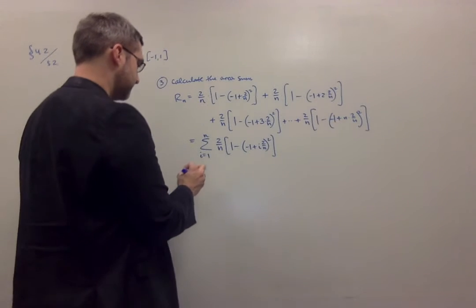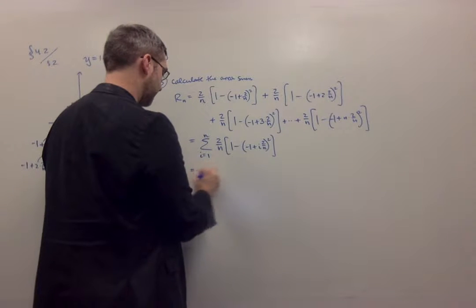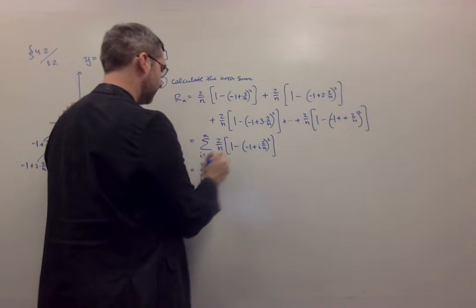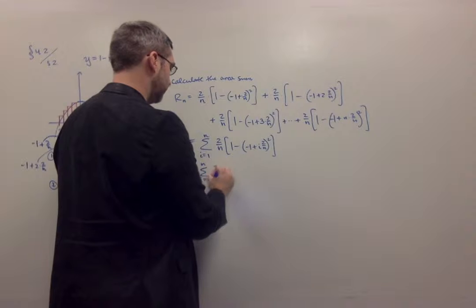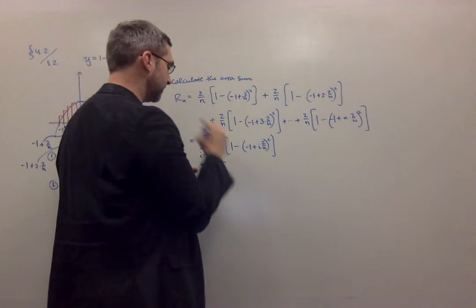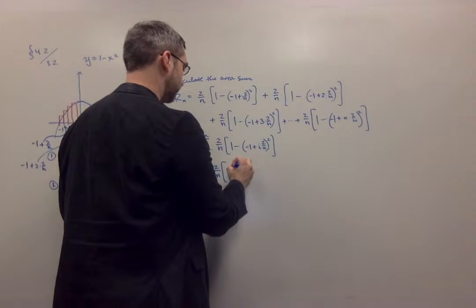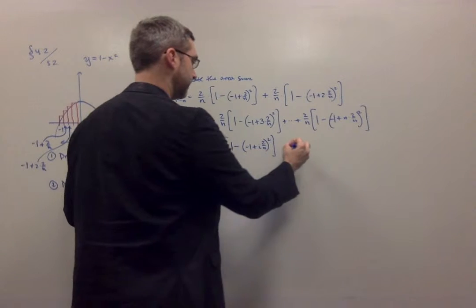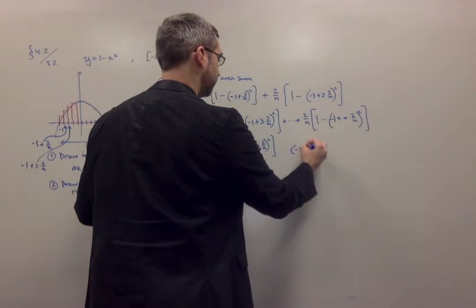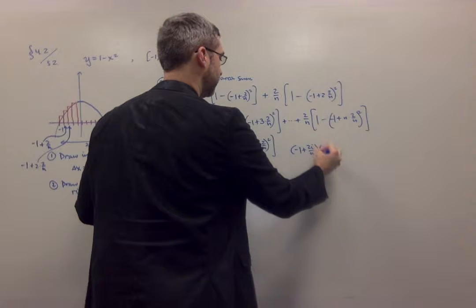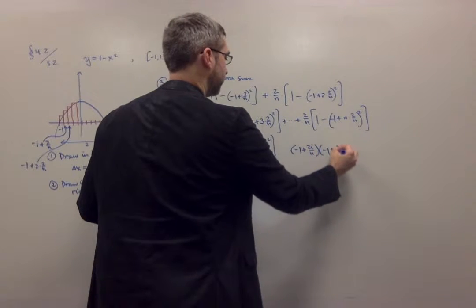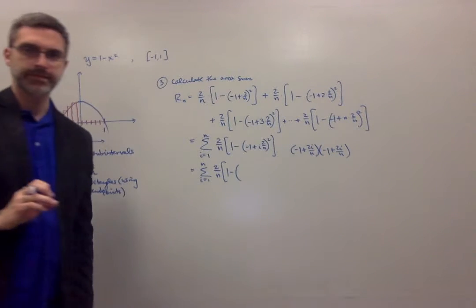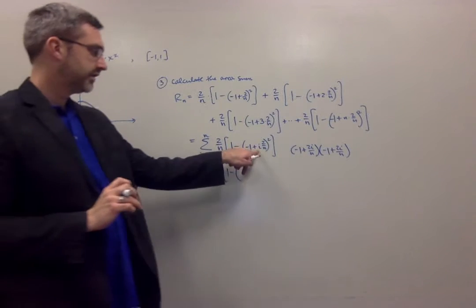All right. So now we are going to try to simplify this sum, so I'm going to need to multiply that stuff out. So I'm going to FOIL -1 plus 2i over n times -1 plus 2i over n, right? That's what this thing squared.